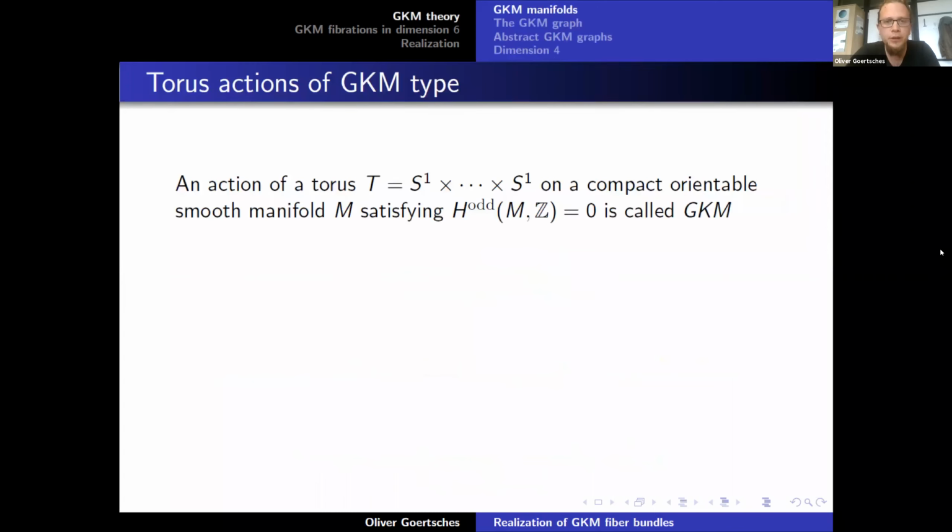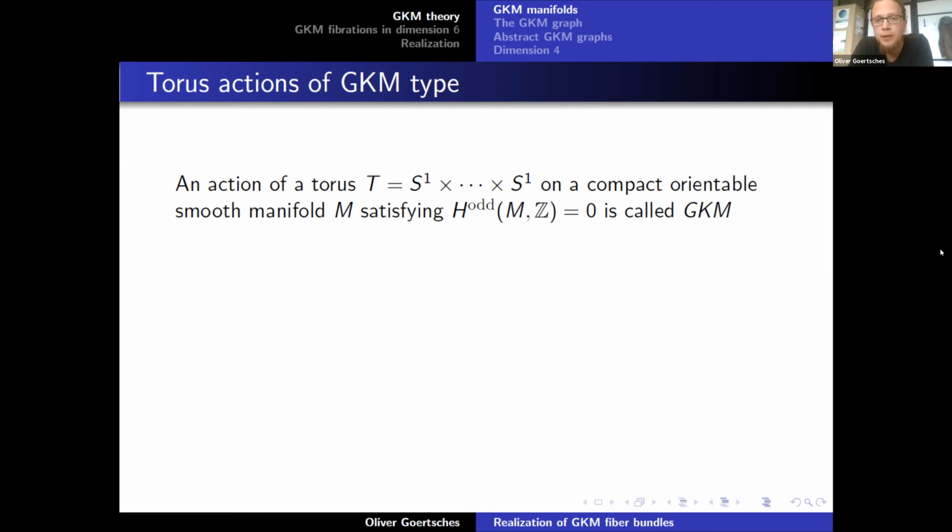Right? So in GKM theory, what one looks at is actions of compact real tori on compact smooth manifolds. Usually they are assumed to be orientable, and we always have the standing, very strong topological assumption that the odd cohomology groups of the manifold vanish.